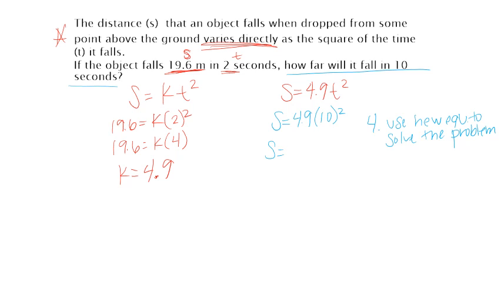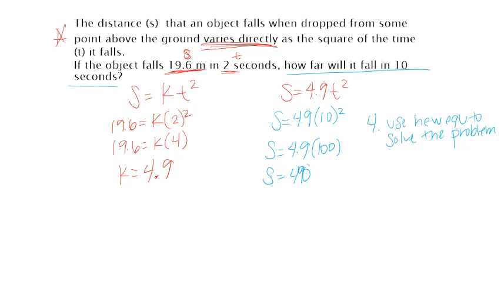So this would be S is equal to 4.9 times 100, or S would be equal to 490. Oops, that should be the 9. Okay, 490. Now, let's give this a little bit of context because 490 means nothing outside of what the context is here.